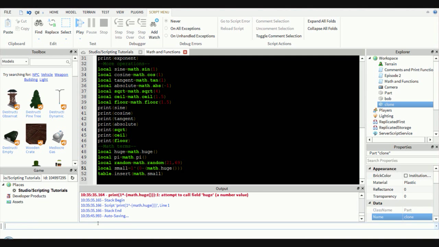I'm going to try to print math.huge. Oh wait, we don't need parentheses for math.pi and math.huge; we don't need any arguments for that. So it'd be this.